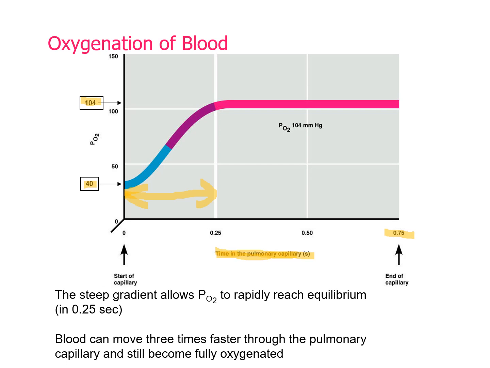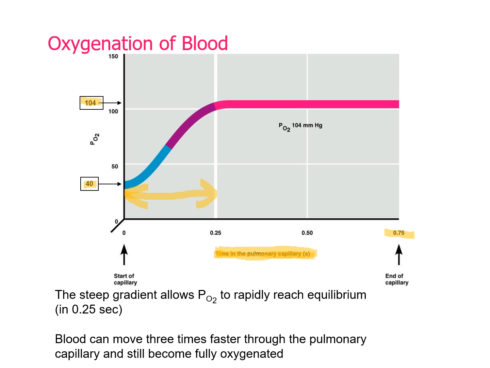Hemoglobin very efficiently takes up that oxygen. And in fact, if the blood is being pumped through the lungs even 3 times as fast, there's still enough time, because if it moved through in 0.75 seconds, it would also get fully oxygenated. Even if the blood had a shorter amount of time, it would still get saturated because it only takes 0.25 seconds.